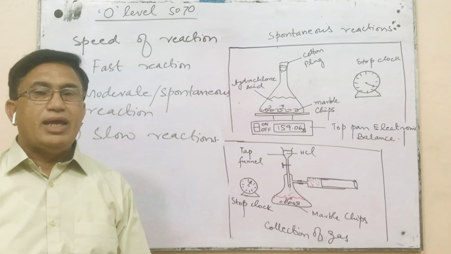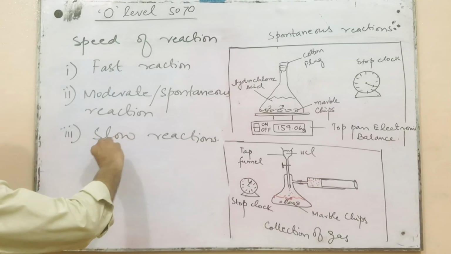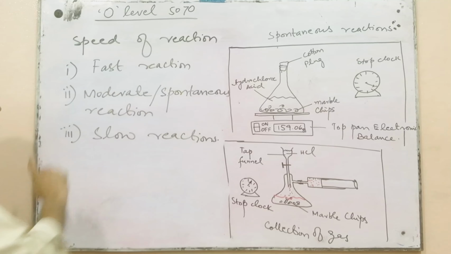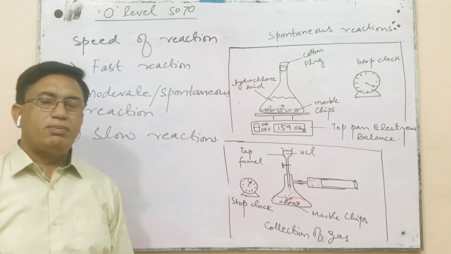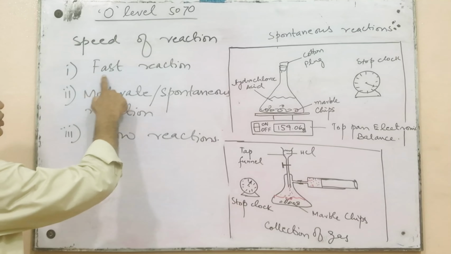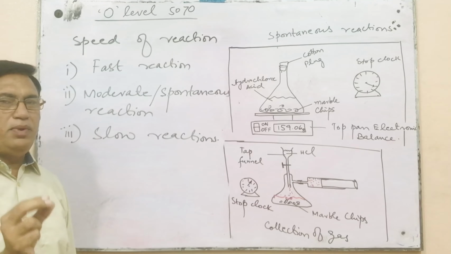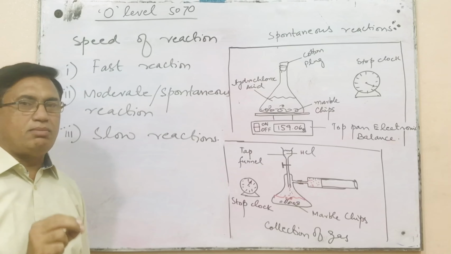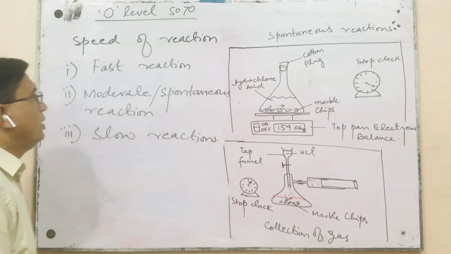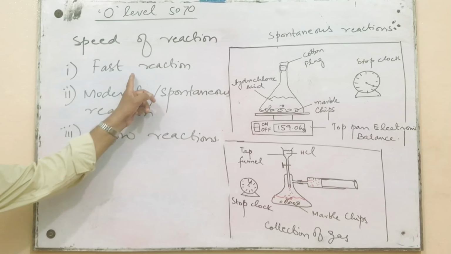That's why explosion takes place within no second. That's why this is also an example of fast reaction. Simply we can say those reactions in which the time for completion is minimum, nearly equal to 0, definitely give us fast reactions.